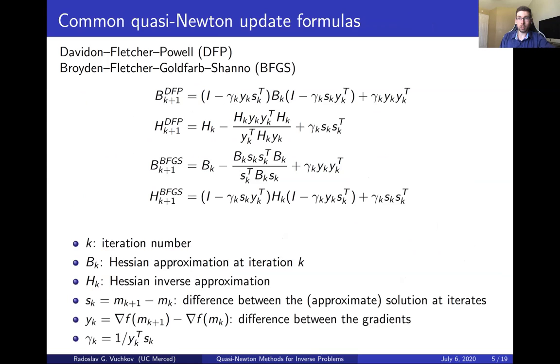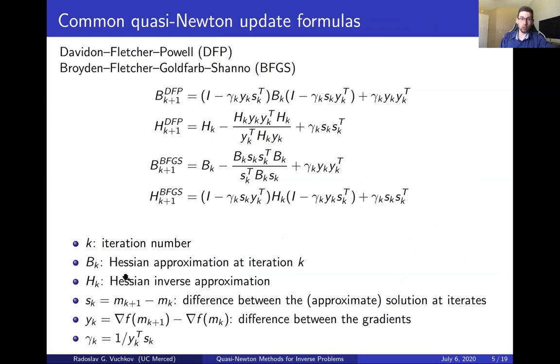The most commonly used finite dimensional Quasi-Newton methods are DFP, Davidon-Fletcher-Powell, which was the first Quasi-Newton method, found in 1960 by Davidon at Argonne National Lab. And then there's Broyden-Fletcher-Goldfarb-Shanno, the BFGS, which is considered the king of Quasi-Newton methods.